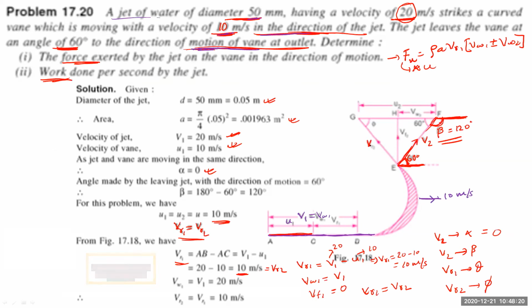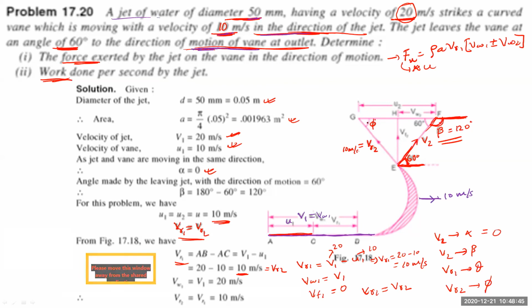Here is your outlet side, VR2 we have calculated equals 10 meter per second. Now this is your phi angle. We know that VR2 is making an angle phi. So how will we determine this value phi?